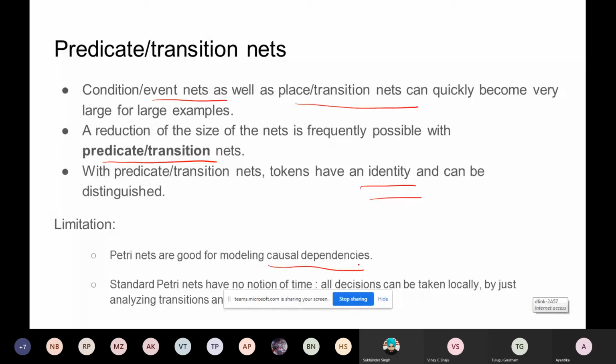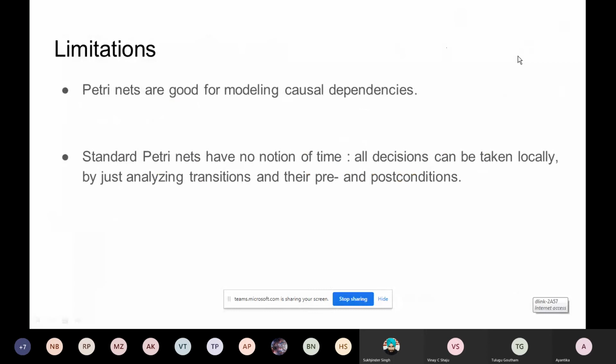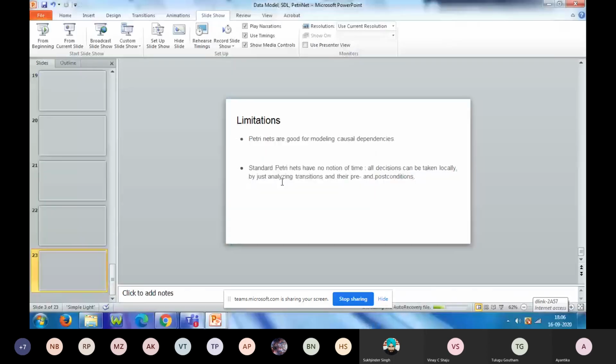So at that time no notion of time was considered. Like if we want to schedule different tasks, Petri net will not be very suitable. But now there are some time related extensions of Petri net. So this is the basic limitation and basic usage of Petri net. Now let's take one example, then I think we will be clear about this concept.